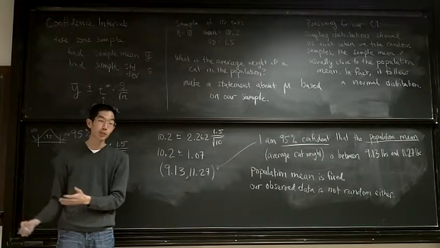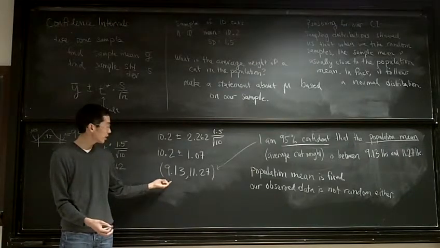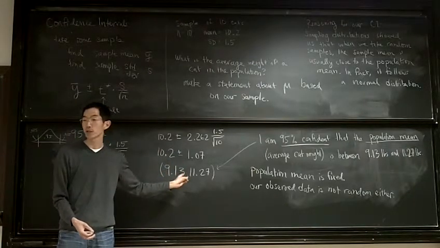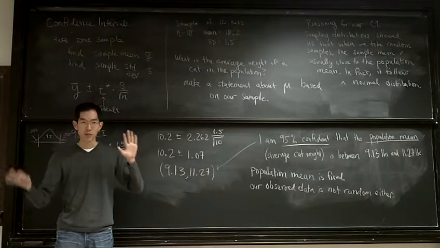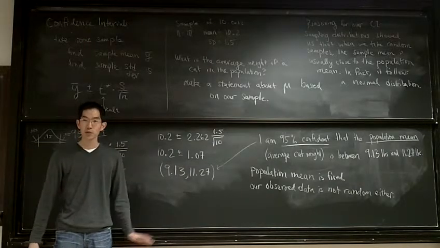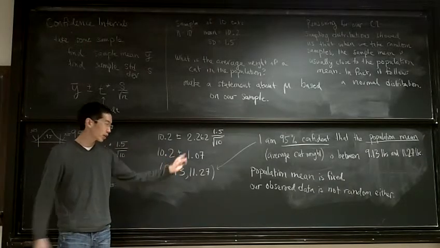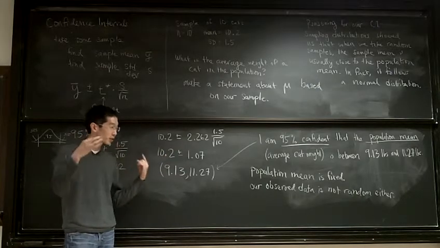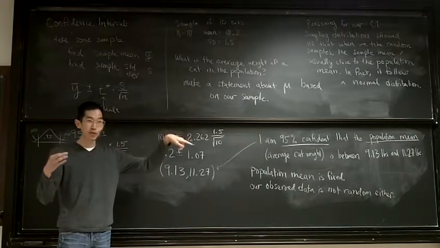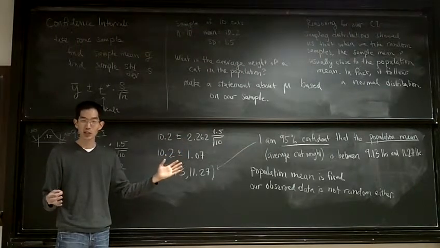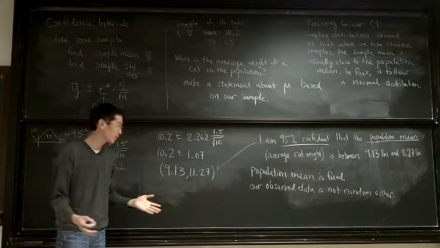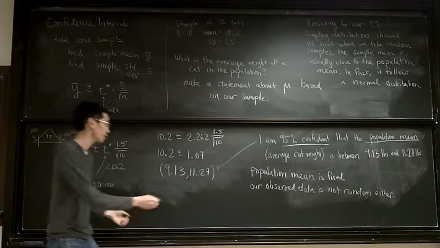So about 5% of the time, my confidence interval does not contain the population mean. Is that okay? I'll write this down, let you think about it, and then I'll do some demonstrations on the computer that I hope will clarify what's happening here.